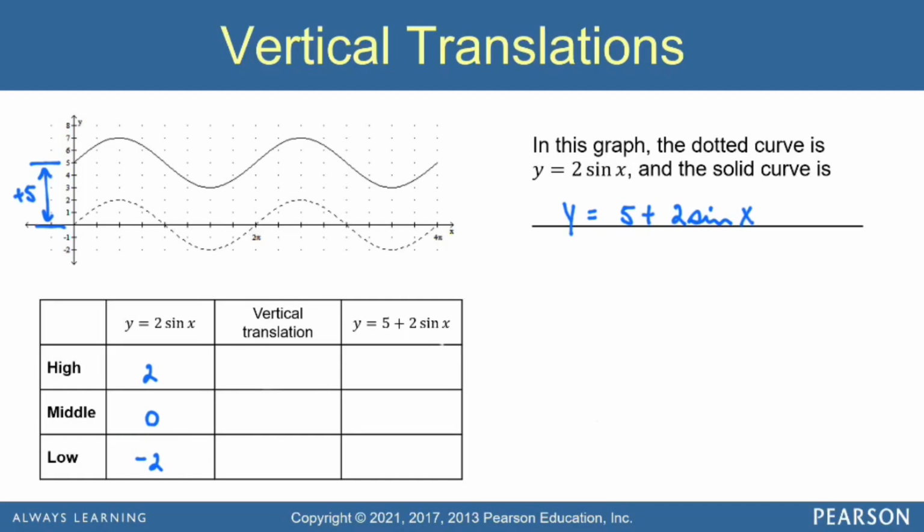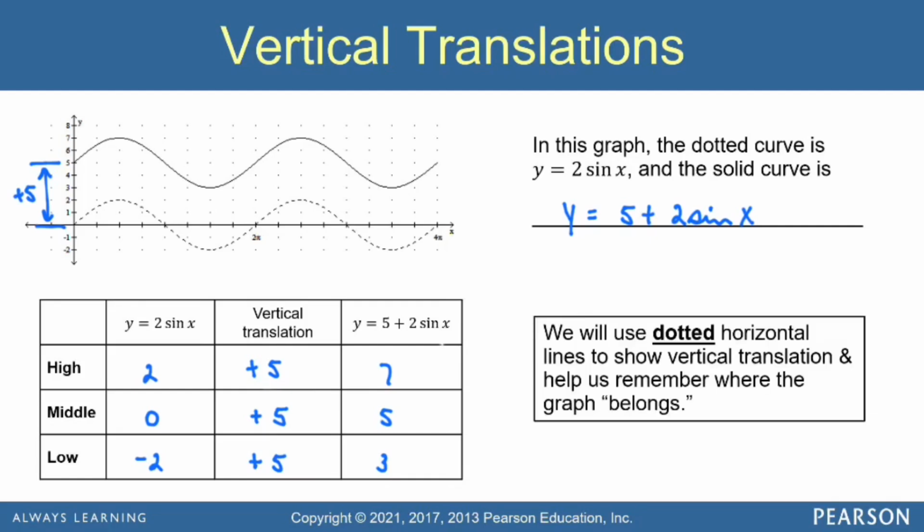Well, now that we are vertically translating the graph, each of these points will have 5 added to it. And so now, with everything translated up 5 units, the high point of the new graph will be 7, the middle will be 5, and the low point will be 3, because -2 plus 5 is 3. When we draw our own graphs that have been translated vertically, we will use dotted horizontal lines to show the vertical translation and help us remember where the graph belongs.